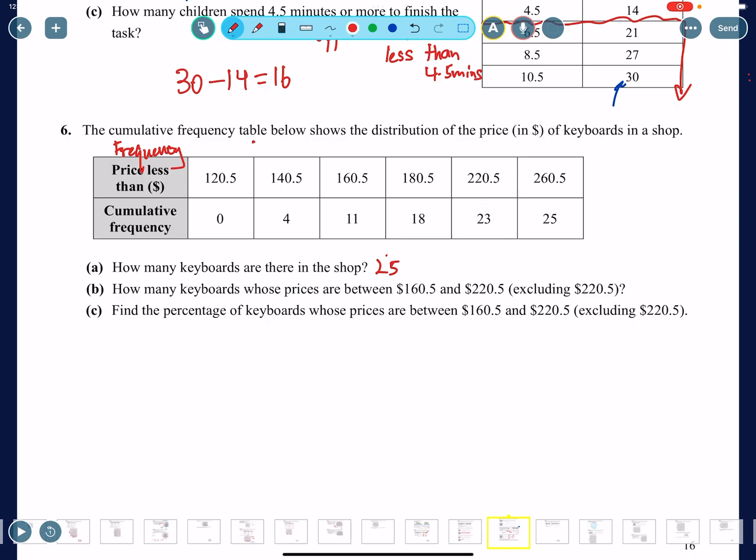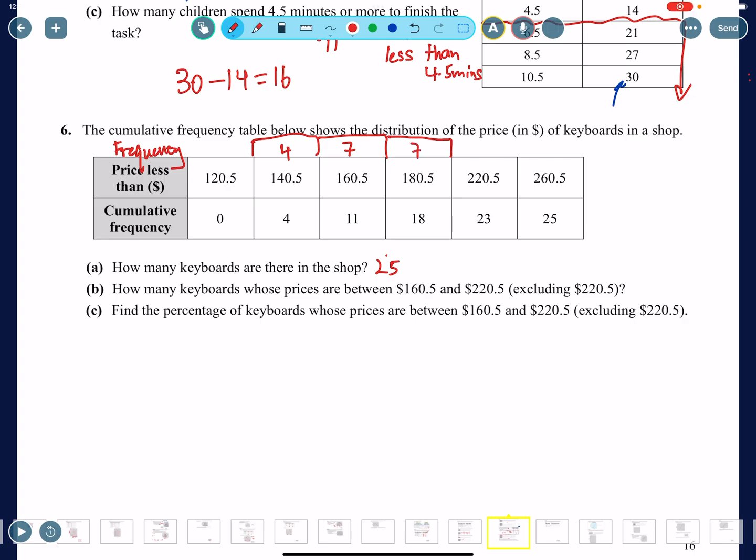So the first one has 4, right? And then it became 11. So the next one, in order to get 4 to 11, we need to plus 7. So the next one has to be 7. And then for this one, 11 to 18, you need to add 7, right?